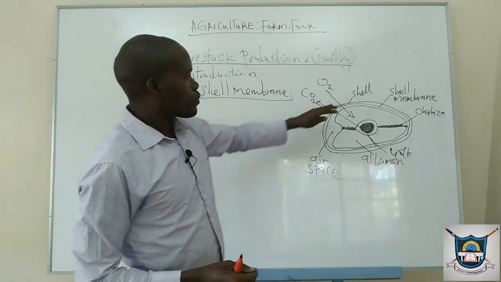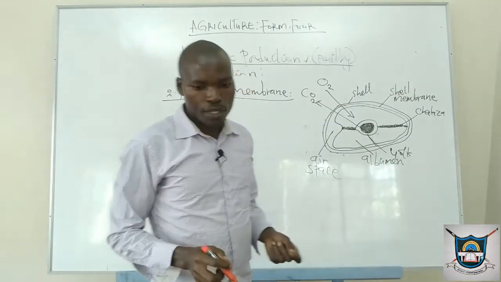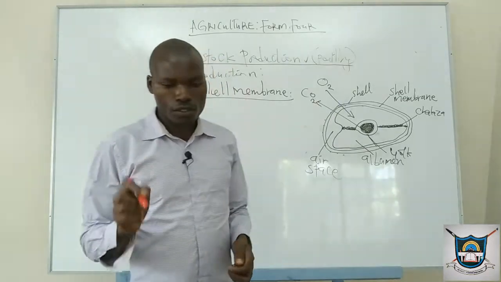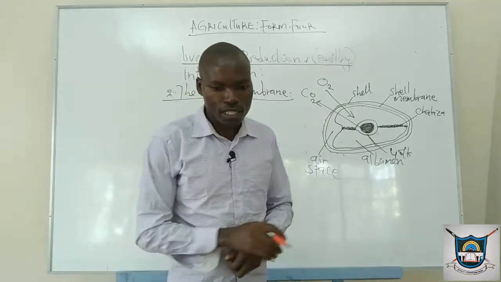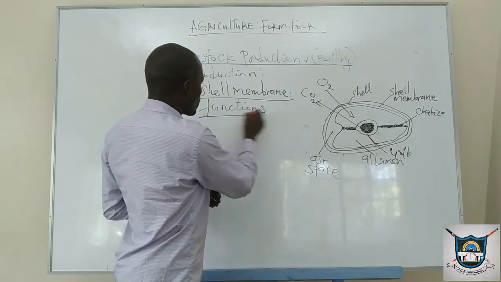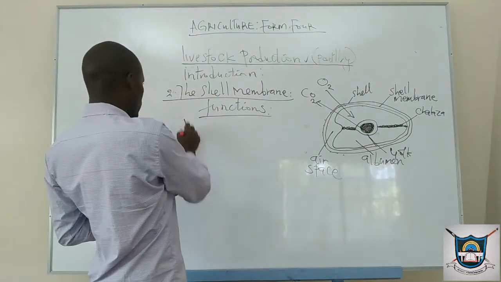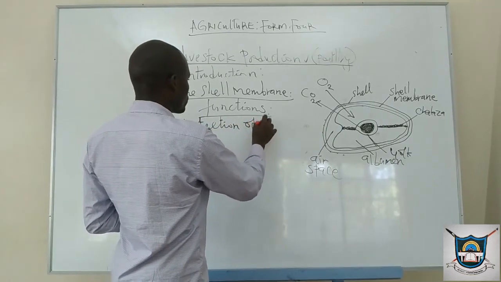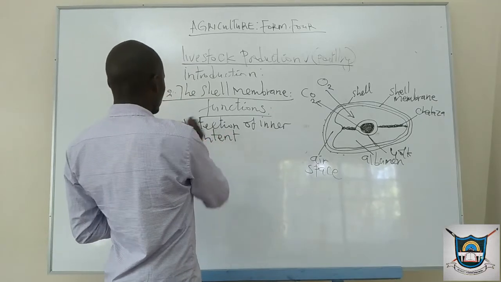Now we have seen all the functions of the shell, and we go to the next part, which is the shell membrane, just immediately after the shell. The functions of the shell membrane are similar to those of the shell but at a different level. One, it is to protect the inner content.